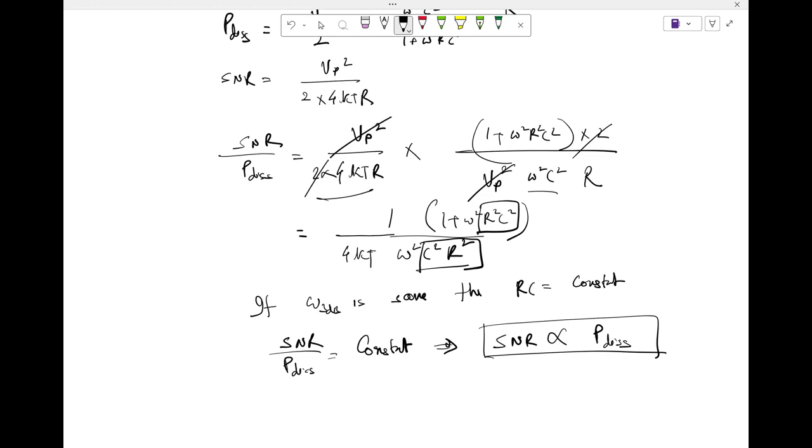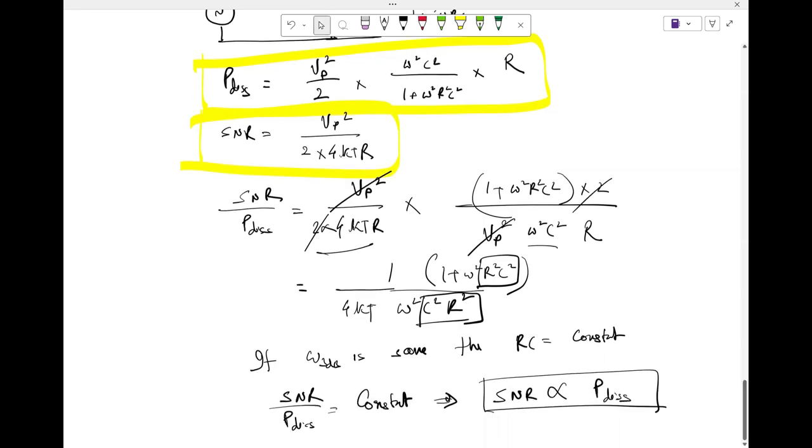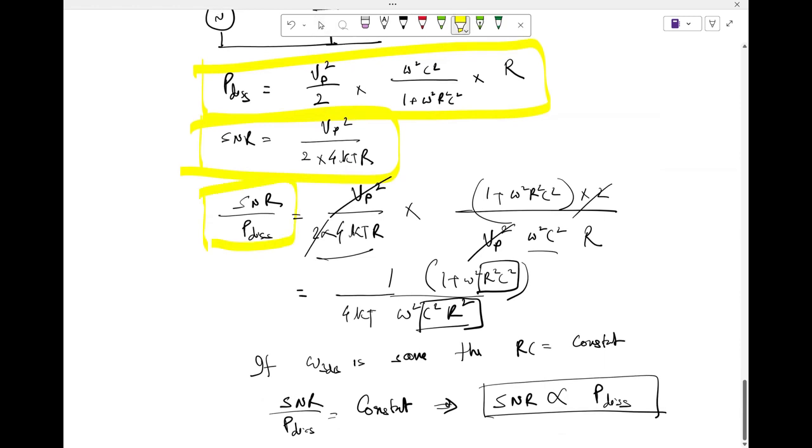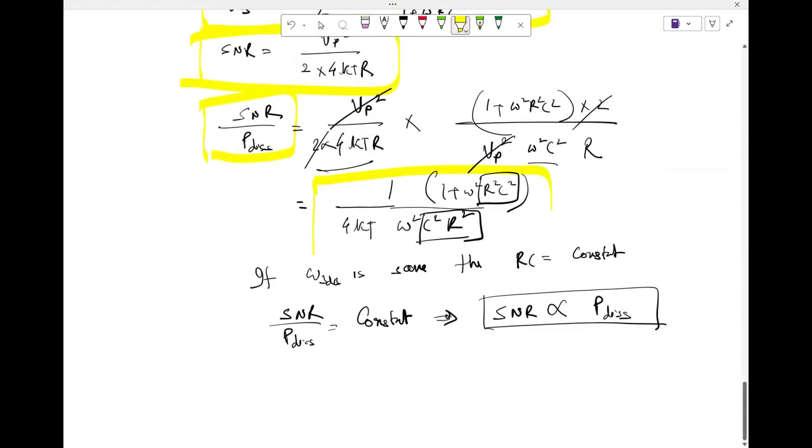Okay, so let's unpack. You are okay with this expression? Okay, so all I did was to take a ratio of SNR and power dissipation, these two expressions, and I ended up with this. Fine.